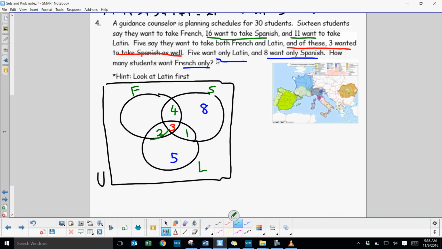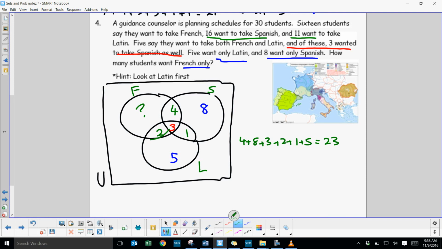So we want to know how many want to study French only. Because all students seem to be taking a language course, there's no choice that they can take no languages. Then we can add them all up. For example 4 plus 8 plus 3 plus 2 plus 1 plus 5, if you add all of those up, you will get 23. Let's check that. 4 plus 8 is 12, 12 plus 3 is 15, plus 2 is 17, plus 1 is 18, plus 5 is 23.